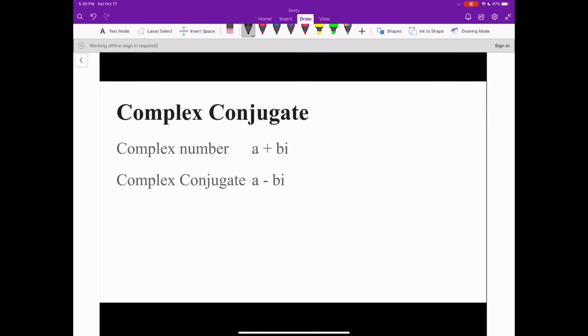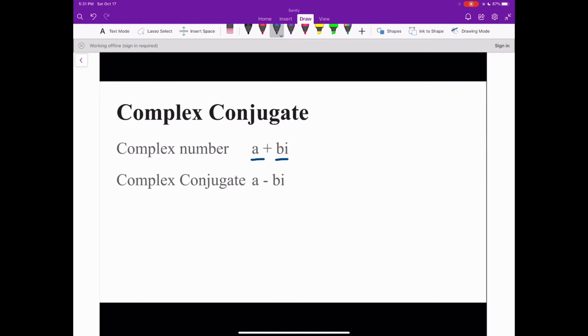So, to simplify two complex numbers that are being divided, we're going to go through the same type of process that we did rationalizing the denominator, but we're going to be using what is called the complex conjugate. So a complex number we know looks like a plus bi. If you were taking a complex number and you wanted to find its complex conjugate, sometimes you could even think about it as the opposite.